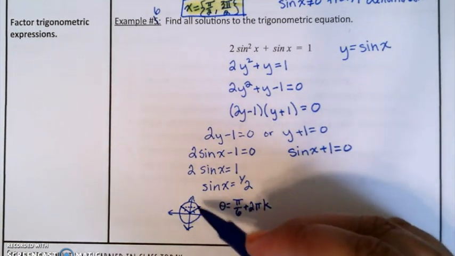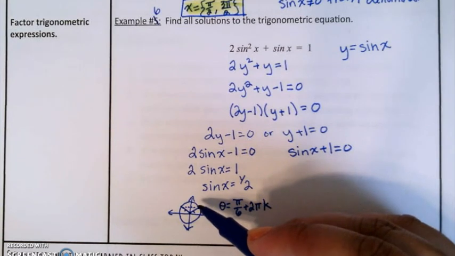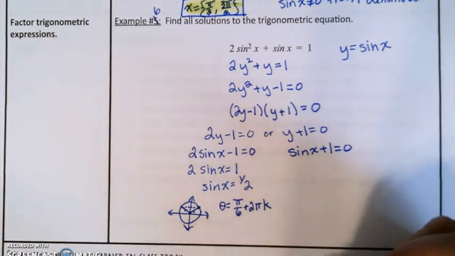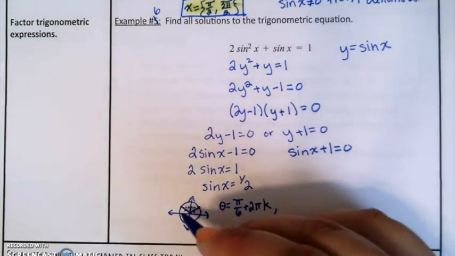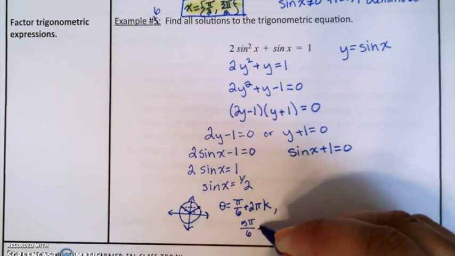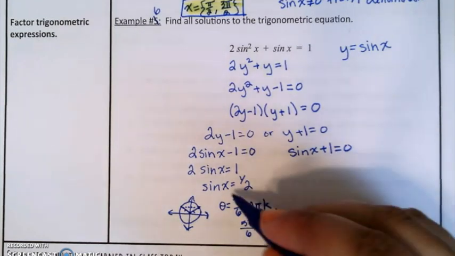So no matter which rotation, if it's the first rotation or if we go all the way around and then back up, if we have pi over 6 as our reference angle in quadrant 1, or if we have 5 pi over 6 as our reference angle in quadrant 2, plus 2 pi k.